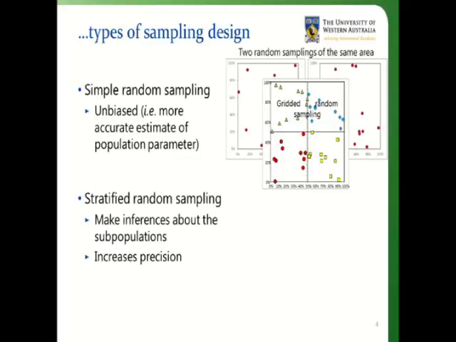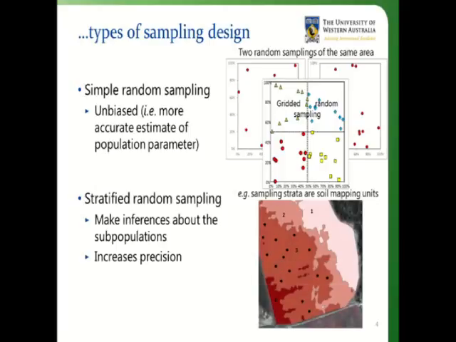Stratified random sampling is quite common with the type of work that we're doing. What we need to do is make inferences about the properties of our area, and that may be based on pre-existing information. For example, the graph at bottom right, or a map, shows what the map of soil mapping units or soil types might be over a particular area, and so we can infer that the properties of the soil will be different or expected to be different in each of those mapped zones.